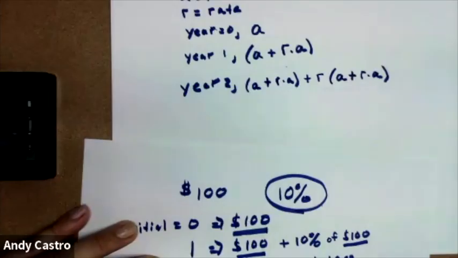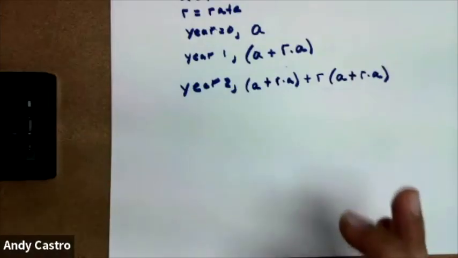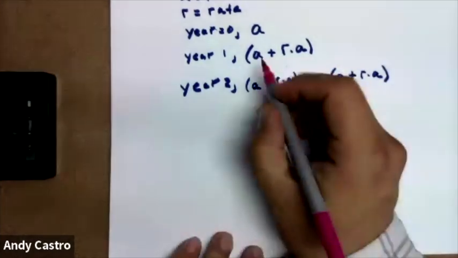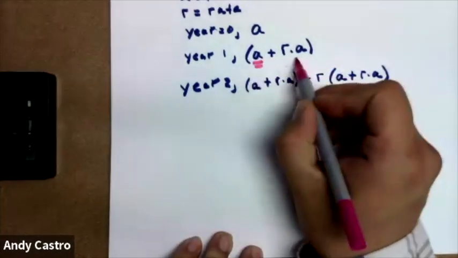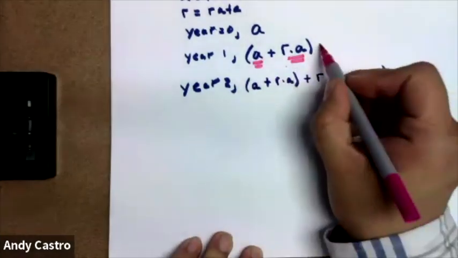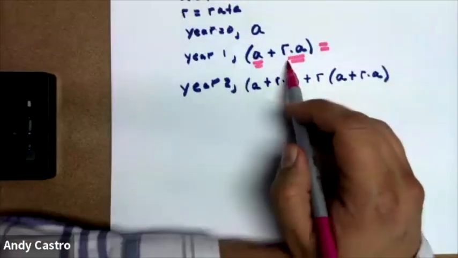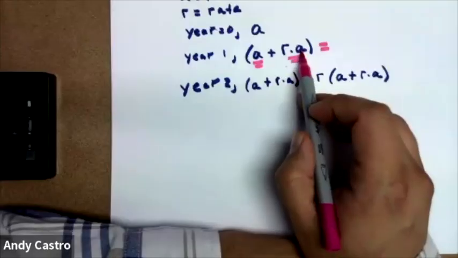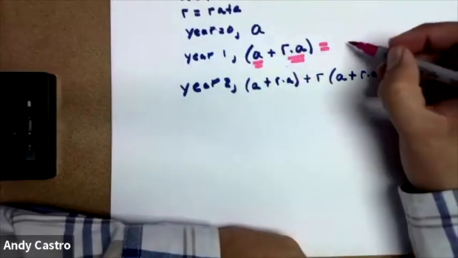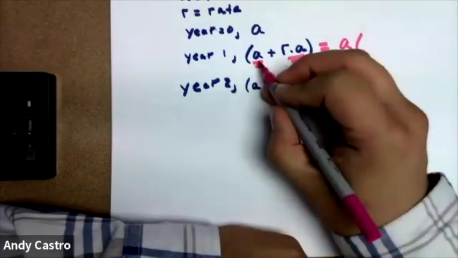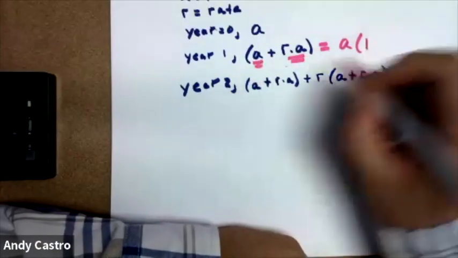Now I want to notice a few things. We're going to simplify this. The first thing I notice is I have common factors in both terms here. So I can pull the A out, and this becomes A. Then if I pull the A out of here, that becomes 1.